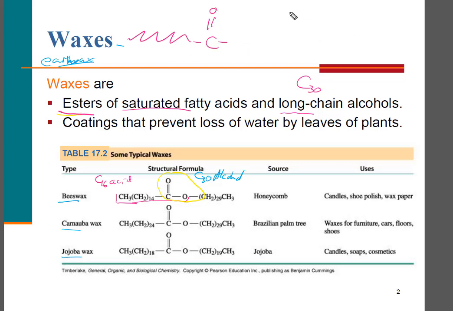Normally the alcohol would be, put it here, HO, and then 30 carbons long, real long here. So what we have here is this alcohol portion here. So it's very, very hydrophobic.